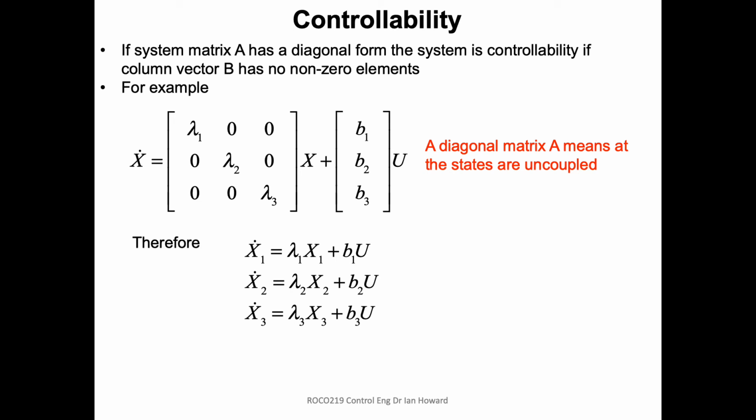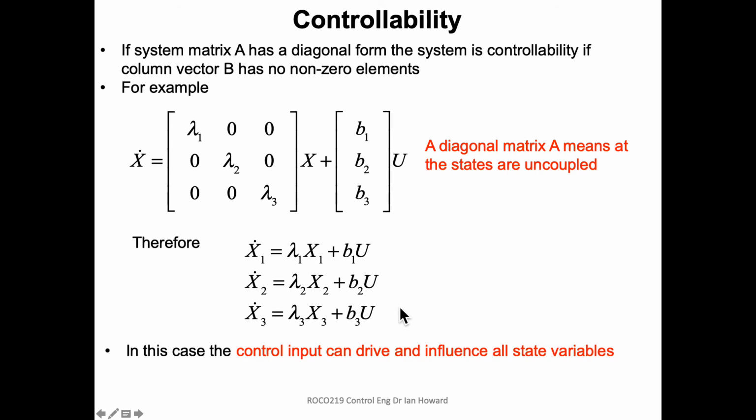So in this particular example, we can write down what the individual components of x dot are as follows. x dot 1 equals lambda 1 times x1 plus b1 times u. x dot 2 equals lambda 2 times x2 plus b2u. And x dot 3 equals lambda 3 x3 plus b3u.